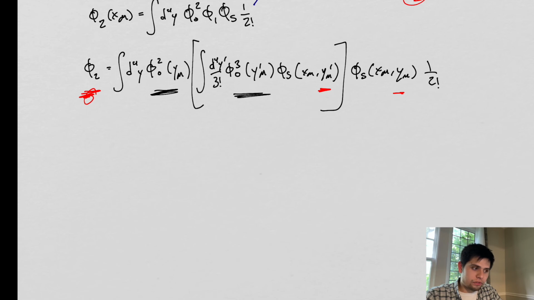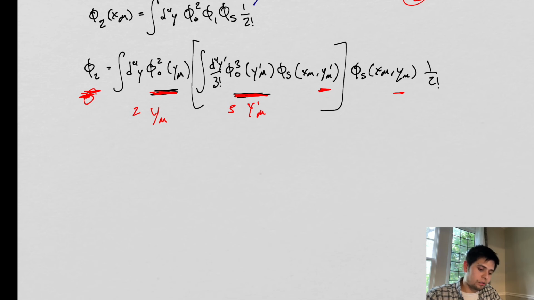We have a cubed interaction going on at this point at y prime of mu, and we have a squared interaction, so the field is interacting with itself twice. So it's interacting with itself 3 times here and 2 times at y mu.